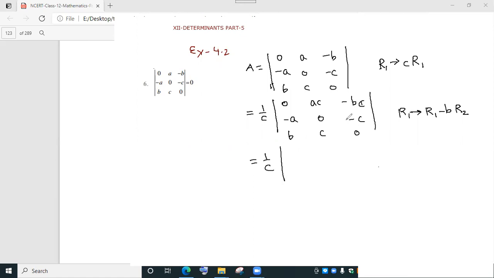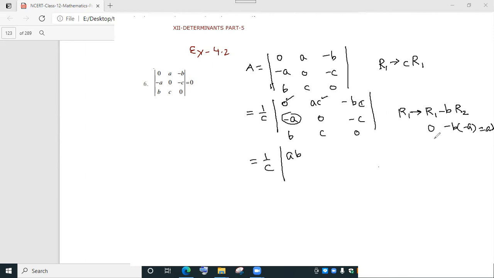R1 will change. R1 is 0, minus b times R2. R2 is minus a, so minus a into minus b gives ab. So this will become ab, correct? R1 is 0, here you put 0; then minus b, and the second row element is minus a, so we get ab. This element will become ab.